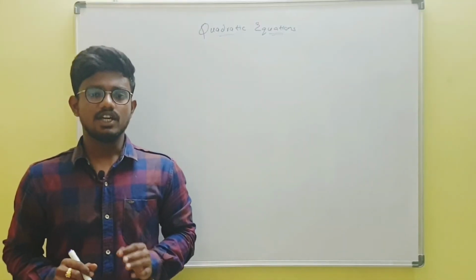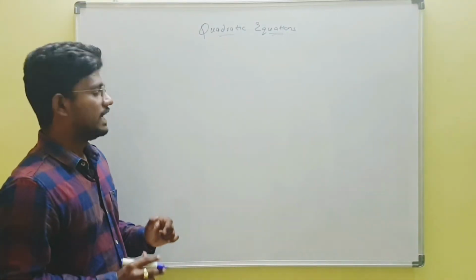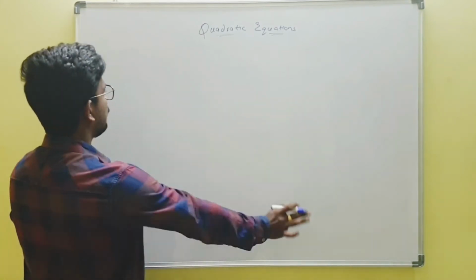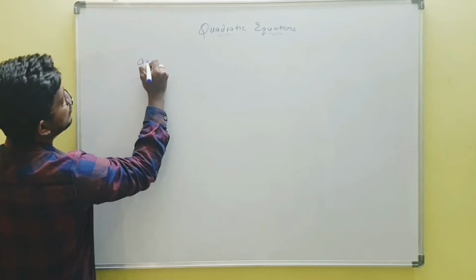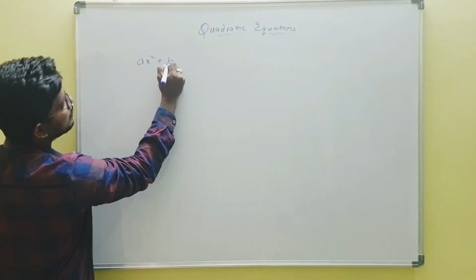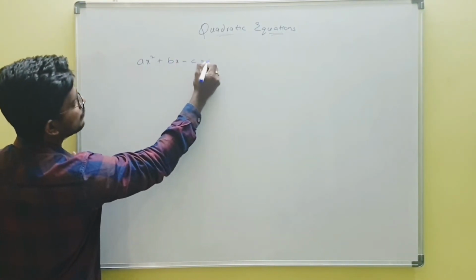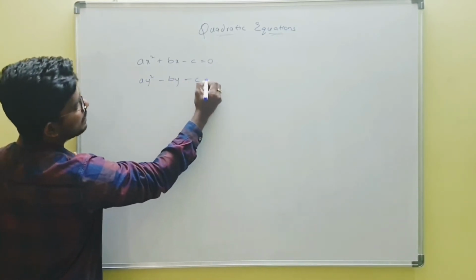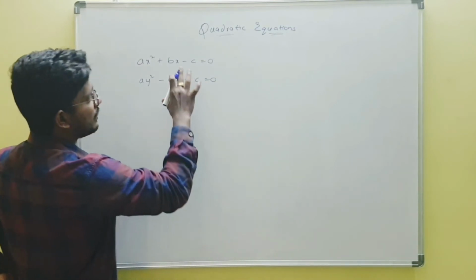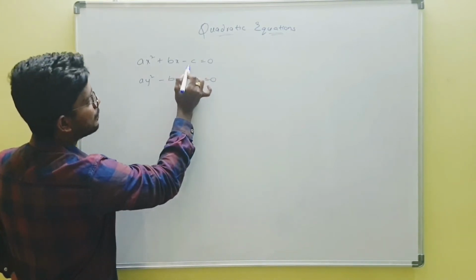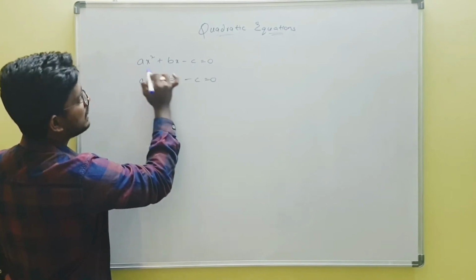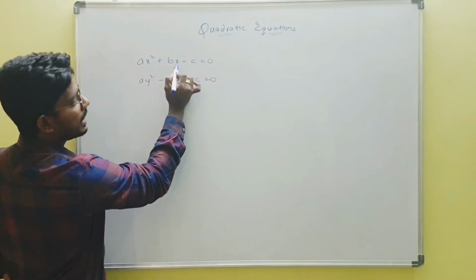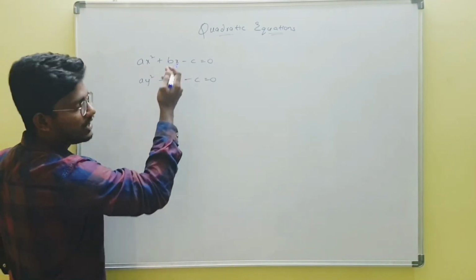Now I will discuss two important note points here. In comparing the roots, these two note points will help you. If the given equation is in the form of ax square plus bx minus c is equals to 0 and ay square minus by minus c is equals to 0, the product of c and a is negative in both the cases, and the x coefficients and y coefficients have different symbols.